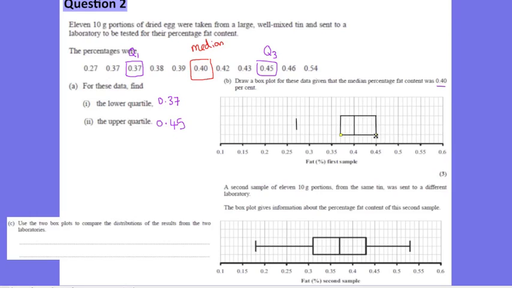And then our final value here for our maximum value, 0.54. So a slightly smaller line. And then connecting to the box here, the whisker part, and here. Just to make sure they're straight and as neat as possible. Same thing on this one. Just make sure you haven't extended it.